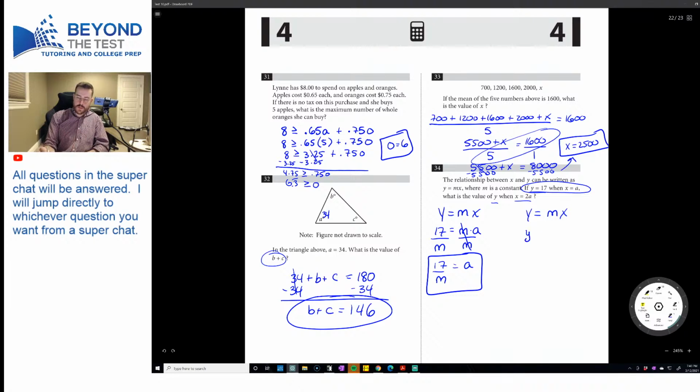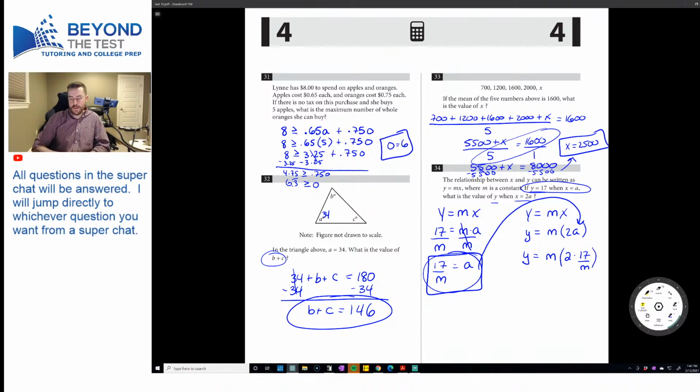So I'm going to replace the x with 2a. But now we figured out what a was. a is 17 over m. So I'm going to substitute that in for a up here. So I'm going to say y is equal to m times 2 times 17 over m.